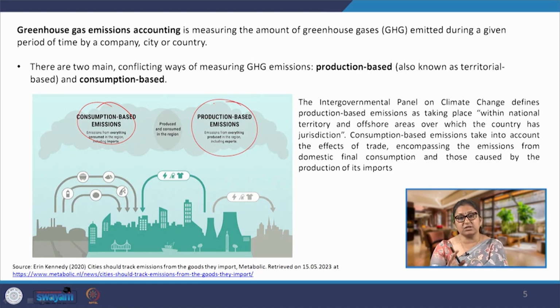Compare it, for example, we have two nations. Nation A consumes a lot of goods, but it does not produce. So, the direct emissions that are going to happen in this country, because there is no production happening, will be significantly lesser, because the industrial units are not situated in this particular nation or country.